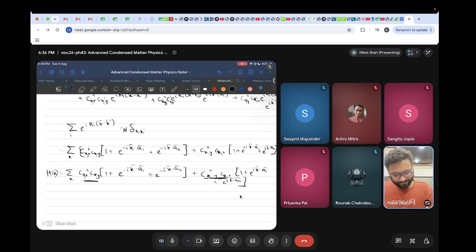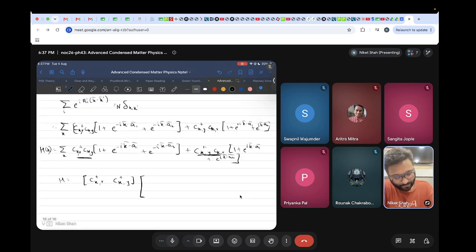So basically then you can write your graphene Hamiltonian in this manner: c_k dagger red, c_k dagger yellow, 0 0, f_k, f star k, c_k red, c_k yellow. ठीक है?